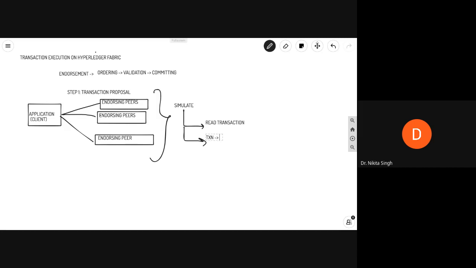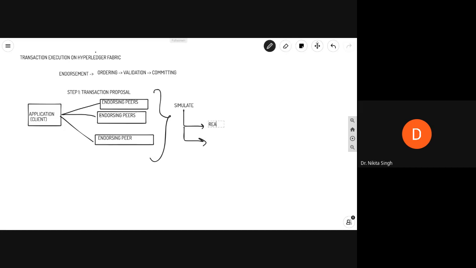So what we are doing here is, a client is sending out a transaction proposal to the endorsing peers. Now the endorsing peers are simulating the proposed transactions without updating them on the ledger. And what is the simulation? The endorsing peers will capture what was read from the blockchain and what will be written to the blockchain when the transaction has been executed. So it will do two things.